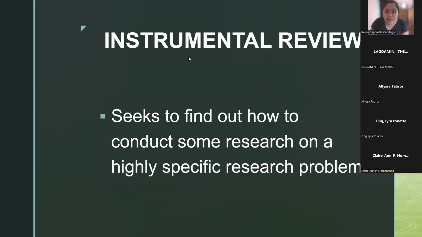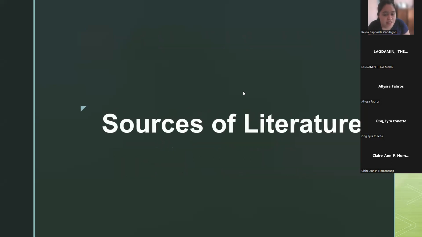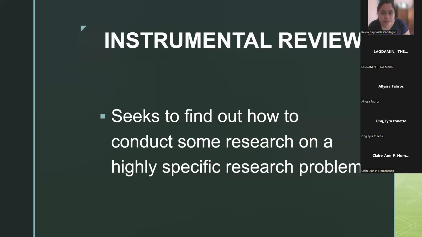Now, instrumental review, this is focused more on the methodology. Okay? Na hahanap tayo ng references wherein the methodology can be adopted in our own research paper. And then we will look at it if talaga bang applicable or hindi. Pag applicable, syempre, susulat natin siya doon sa paper natin.